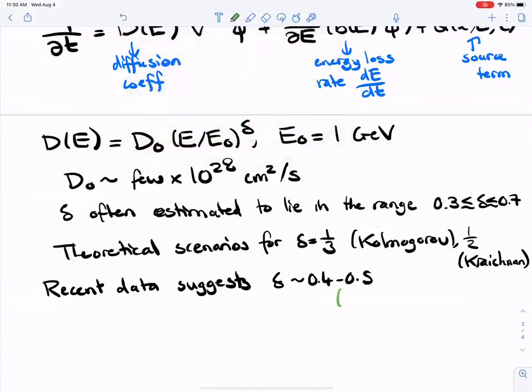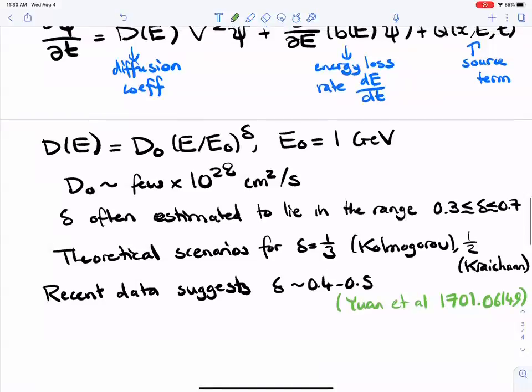So, a reference for this. However, even more recent data suggests that this simple power law model is probably too simple, and that in reality, some kind of broken power law model may be a better fit to the data. An example for that is 2103.